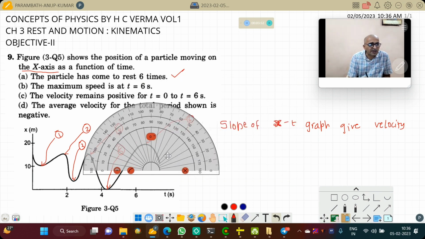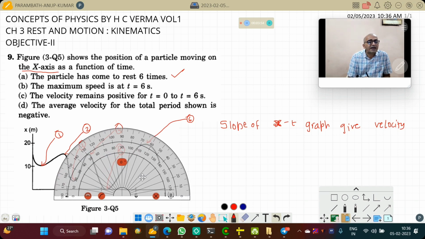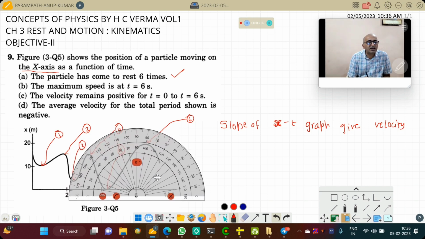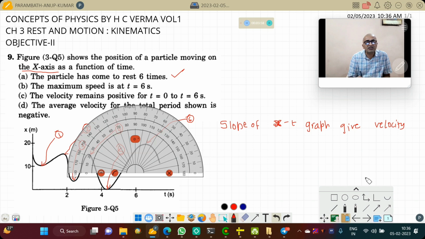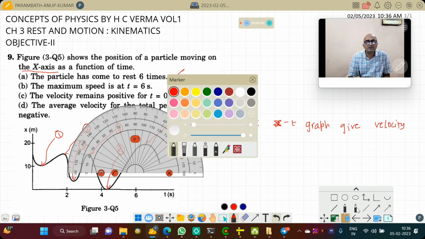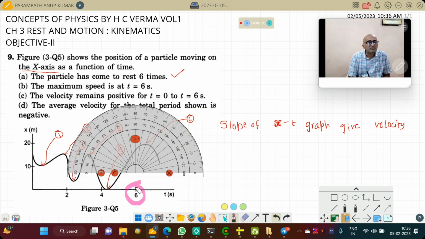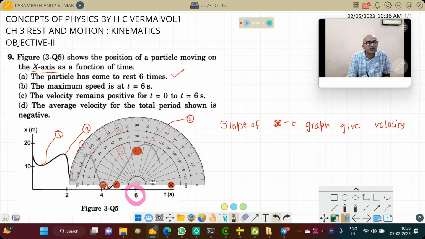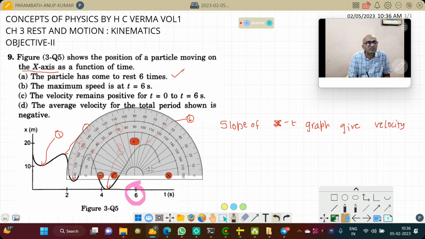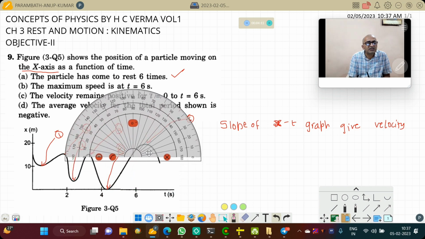Here I am having a protractor, students. He is saying that at time t equal to 6 seconds. This is the time t equal to 6 seconds. At that location, let us see what the slope is.